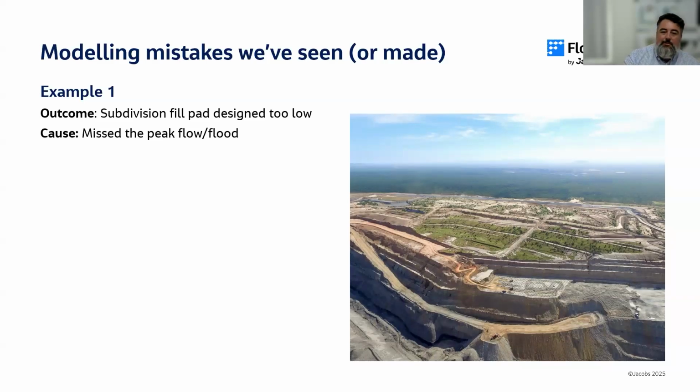Just the model wasn't run long enough in both the existing and the design case, and therefore it missed the peak, which is when all the impact happened, essentially. The report was done and submitted to council for approval. It was approved, and luckily in this example, the finance for the development didn't get up.